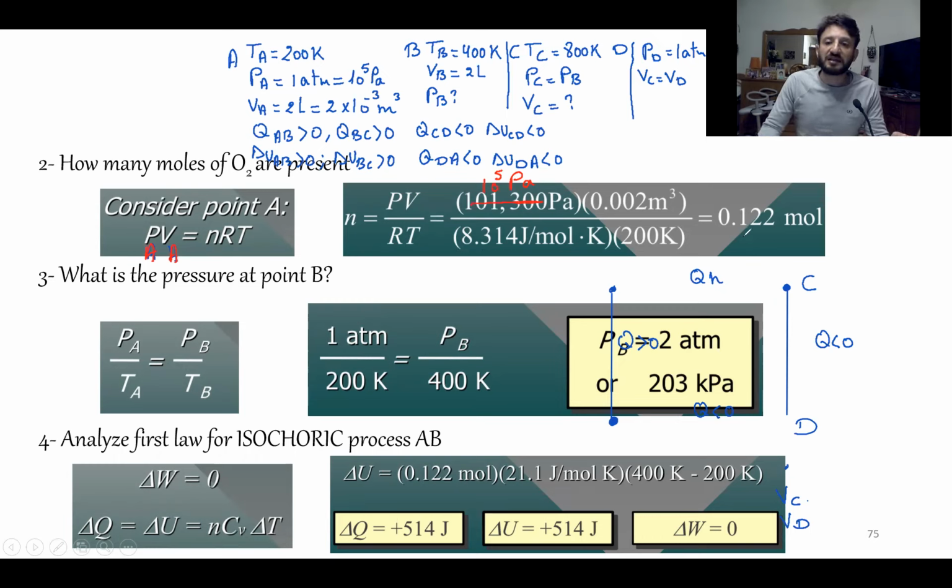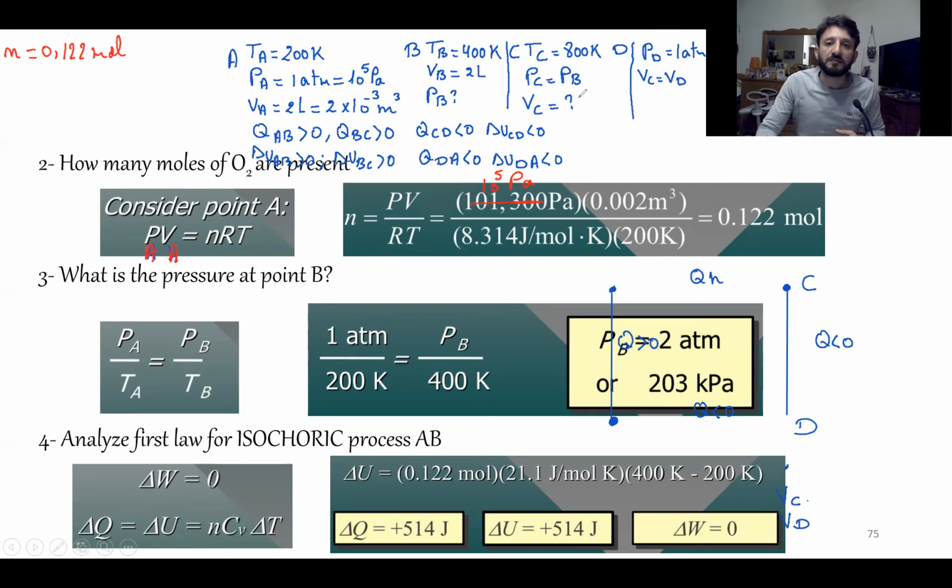We get finally n equals 0.122 mole. You can add here the given, the result. We have n equals 0.122 mole.